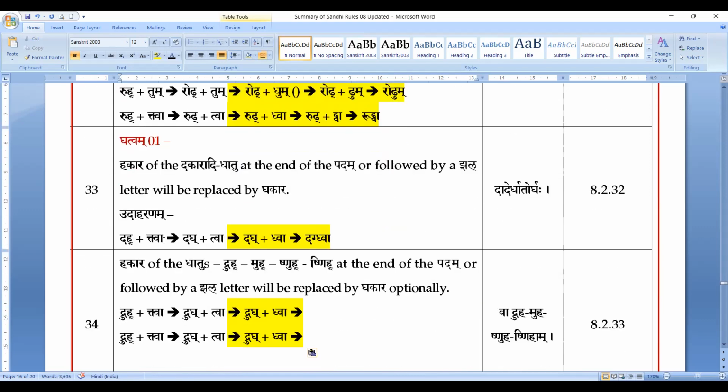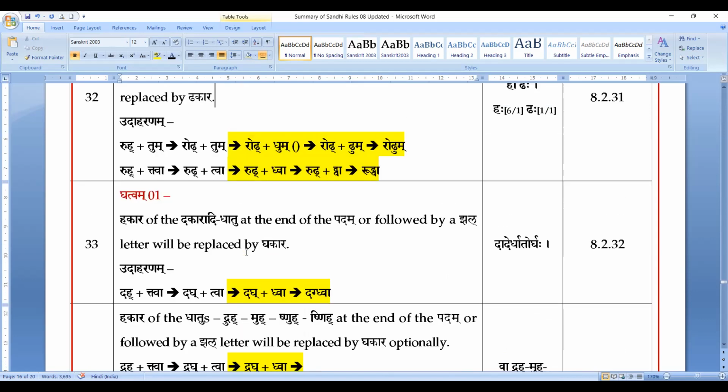The next Vidhi says that here, for Druh, an optionality of Gatva Adesha is given. That is, the Hakara of the Dakara-Adi Dhatu, which was supposed to get only Gakara Adesha, gets Gakara Adesha optionally. When there is optionality, Hakara will be replaced by Dakara, by the Utsarga.